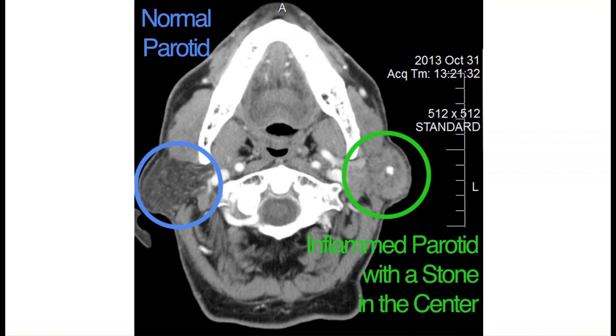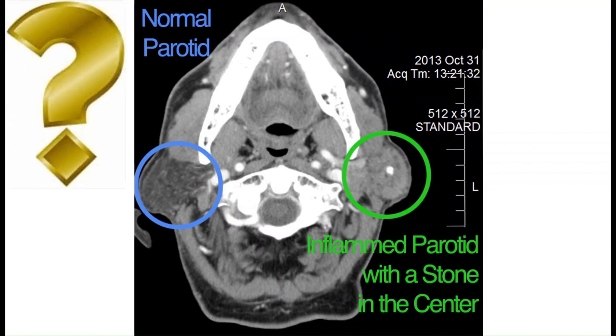This is a CT scan of cross-section where you can see the arch of the mandible, and you go lower down the whitish area of the atlas and axis, and on your left the blue marked area is a normal parotid gland, which is related to the external ear and external auditory meatus, while on your right, the green marked area, you can see that there is a spot of white color.